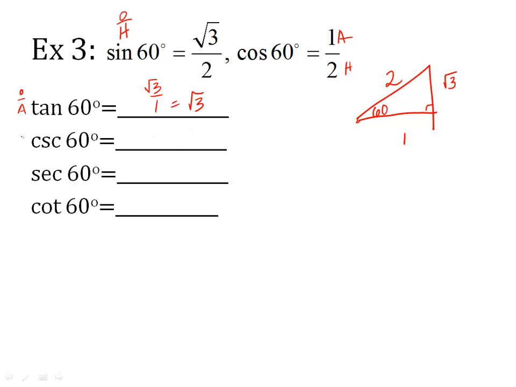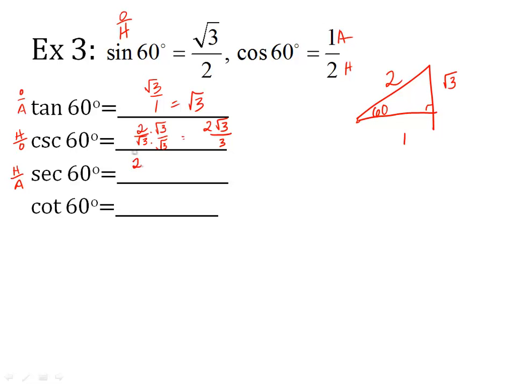Cosecant, remember, is the reciprocal of sine, so it's hypotenuse over opposite. So in this case, it's 2 over square root of 3, which means I have to rationalize. So I get 2 square roots of 3 over 3. Secant is the reciprocal of cosine, so that's hypotenuse over adjacent.